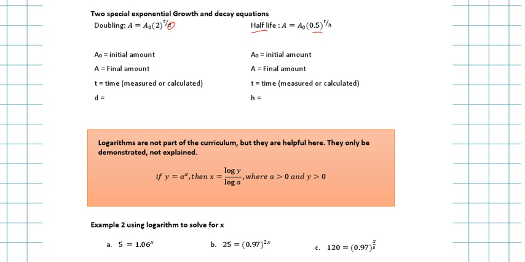d is the time it takes for the population to double, and h is the time needed to reduce by half.